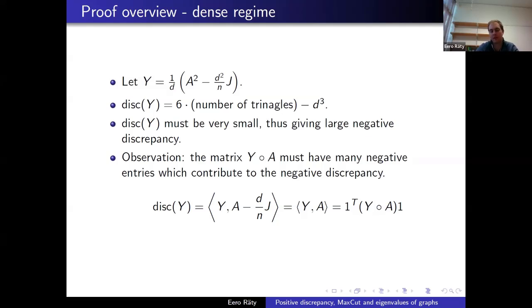So loosely speaking, we can assume that this must be negative and very large in absolute value, or else we would be done by using these other methods. So basically, we can assume this matrix gives us large negative discrepancy.